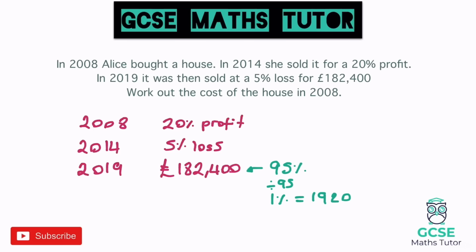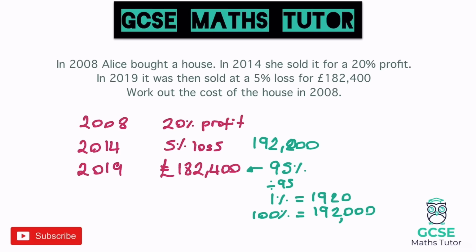And then to get back to 100%, we just times that by 100. So we can just add 2 zeros on for that. So 1920 with an extra 2 zeros. There we go, so 192,000. So that's the price that it was sold for. That she paid for it before. So before that, it was 192,000.